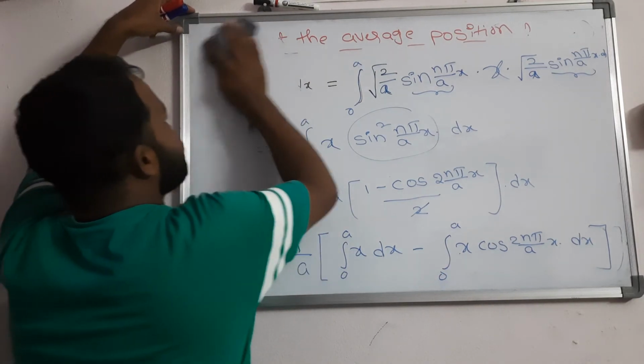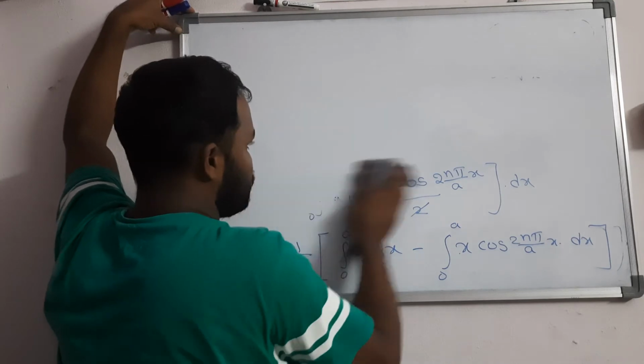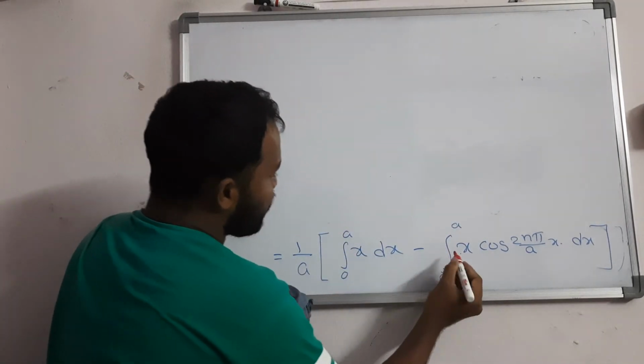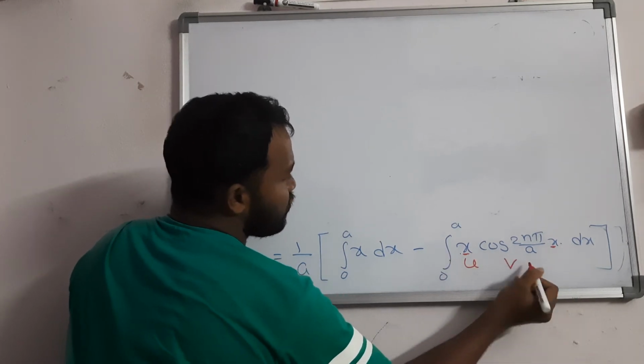If you observe clearly, this is the x term, so this is the integration of u into v into dx.